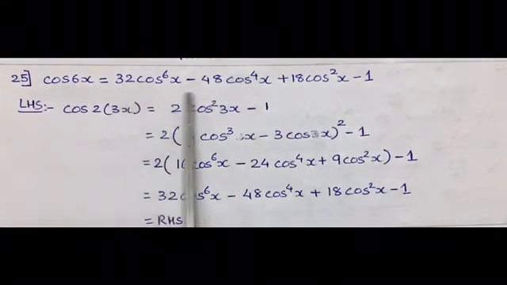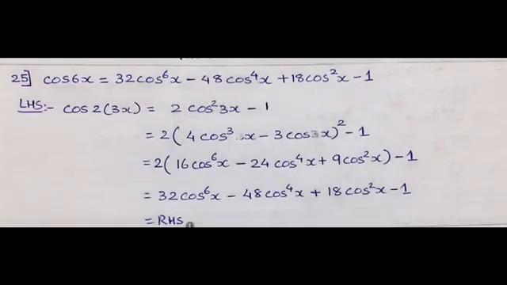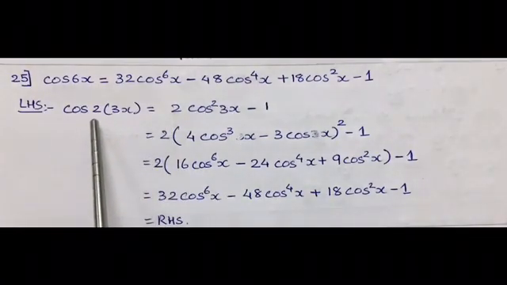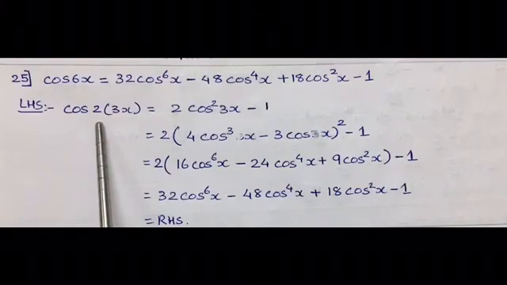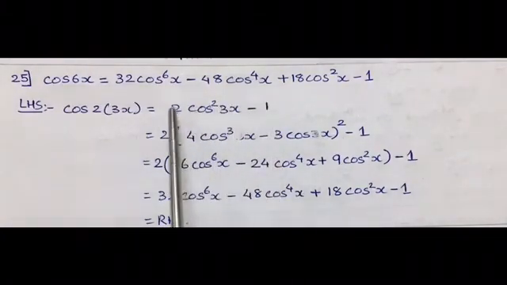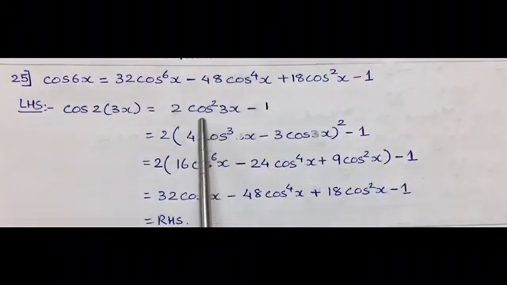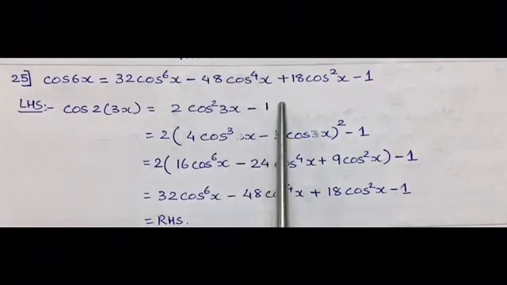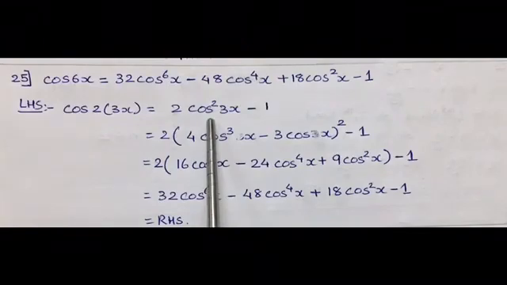And if you look at this RHS, it is just the same. So here, while using the formula of cos 2x, we have used the second form of it, or the third form, 2 cos square x minus 1. So this is the most important step.